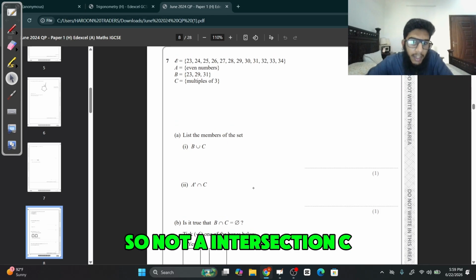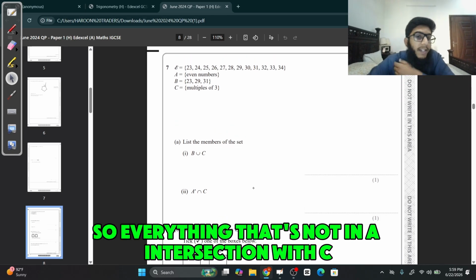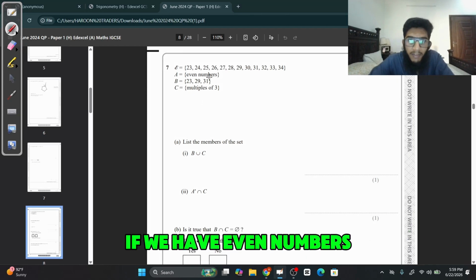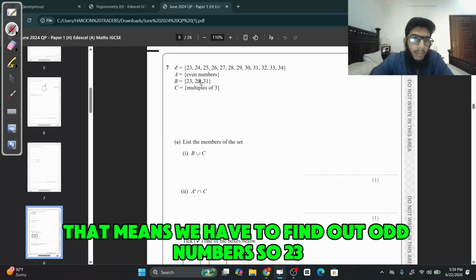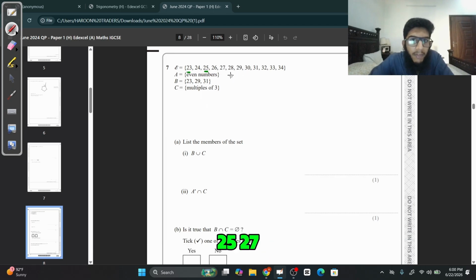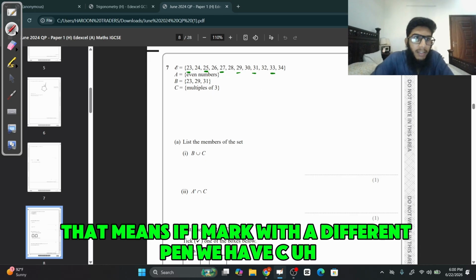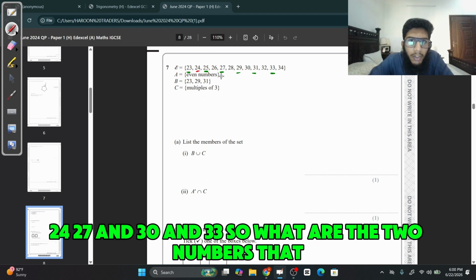Next, you have the complement of A, intersection C. So everything that's not in A, intersection with C. What does that mean? Well, firstly, what are the numbers that are not in A? If we have even numbers, that means we have to find the odd numbers. So 23, 25, 27, 29, 31, and 33 are not in A. And C, we have multiples of 3. That means, if I mark it with a different pen, we have C: 24, 27, 30, and 33.